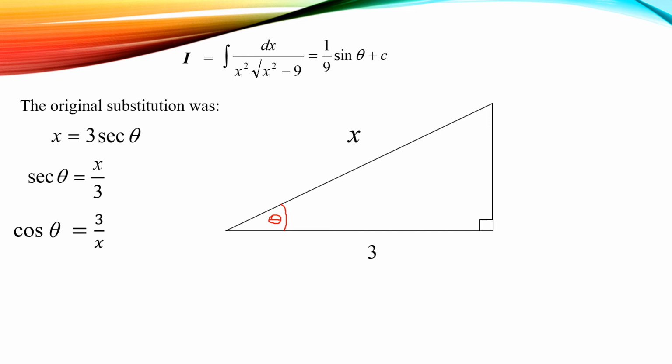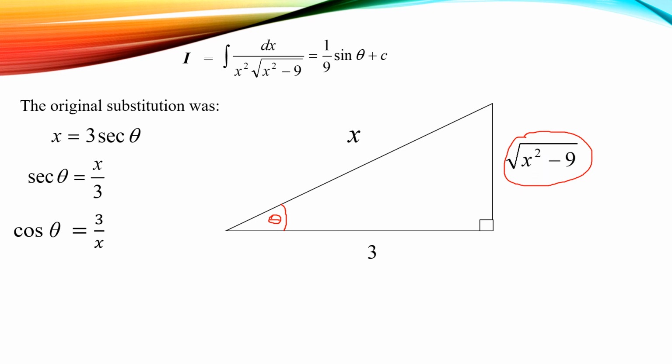We now have a missing side in this right triangle. You can solve that with, as always, Pythagoras Theorem. A squared plus b squared equals c squared, where c is the hypotenuse of the right angle triangle. In order to find the missing side, then, we just take the square of the hypotenuse, which is x squared, and minus the square of the adjacent side, which would be 3 squared, or 9.